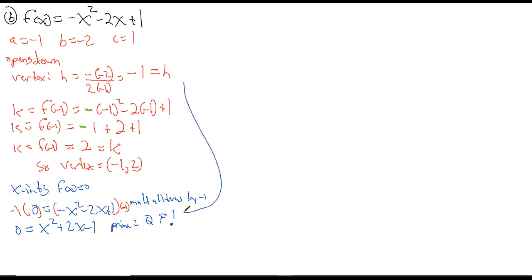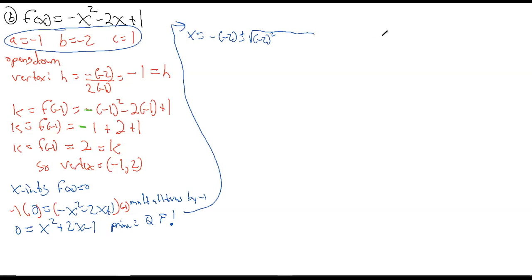Let's go up here in the interest of space. So that's x equals -b, so -2, plus or minus, big old square root, b squared, which is -2 squared. Same a, b, and c from before. I'm using these numbers here. Then minus the 4 times the a, which is 1, times the c, which is, well, I'm sorry, hold on.